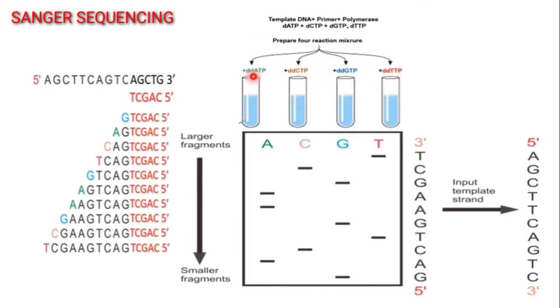You have to remember that when you add ddNTPs, that is dideoxynucleotide triphosphates, their concentration should be less compared to our normal dNTPs. That means the ddNTP concentration should be less compared to the normal dNTPs.